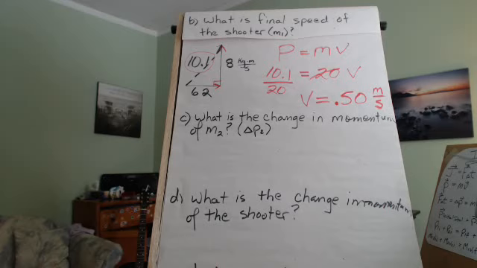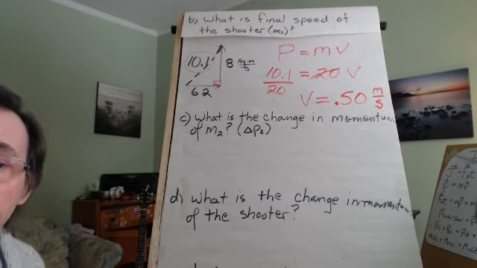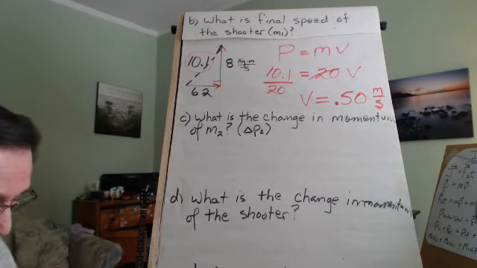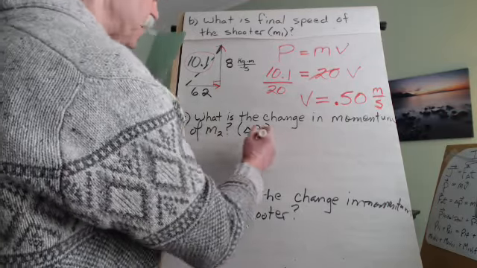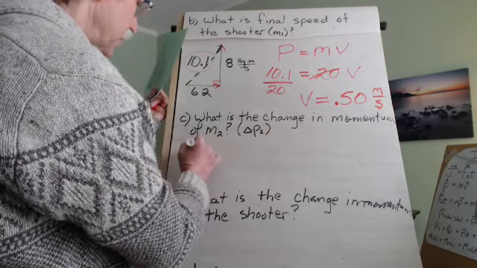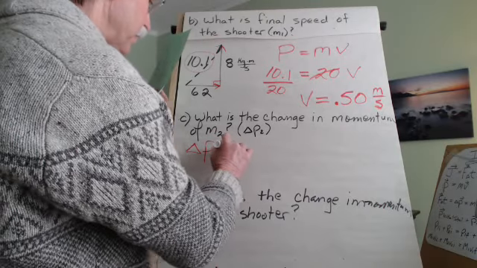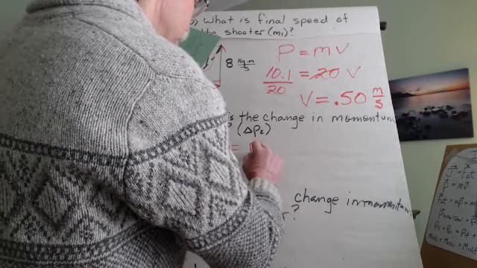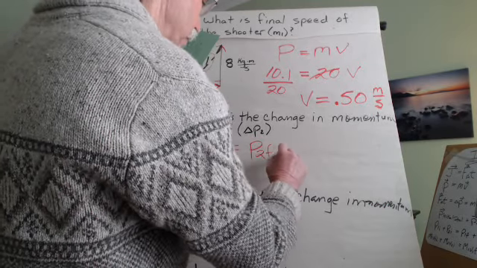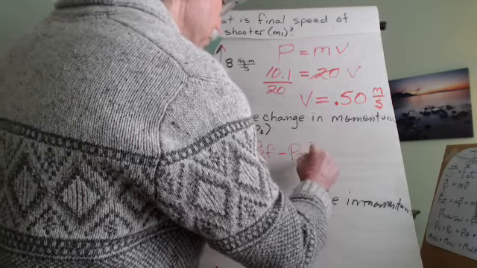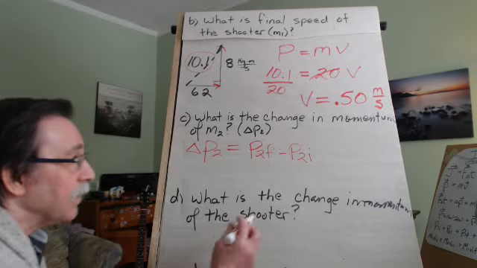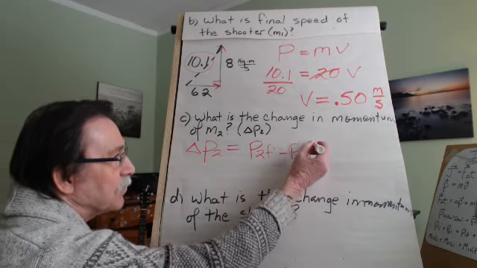What is the change in momentum of the second stone? In other words, delta P2. Well, the change in momentum, delta P2, we know that the change in anything represents delta P2 is equal to P2 final minus P2 initial. And in this case, we know that P2 initial was 0.